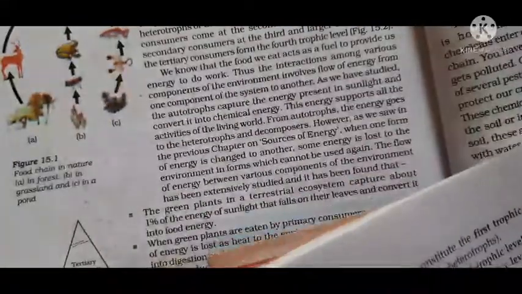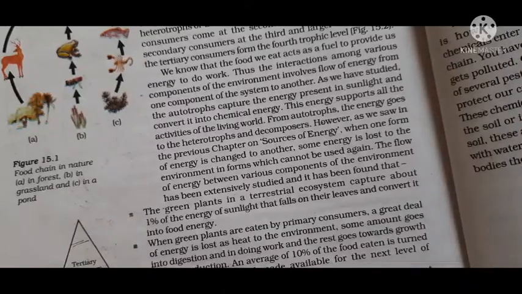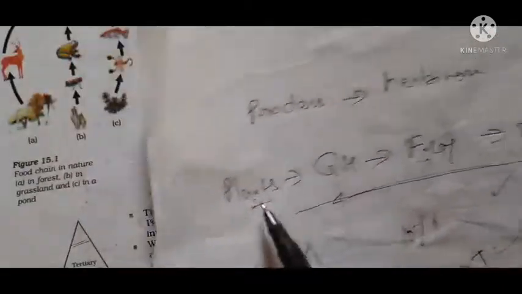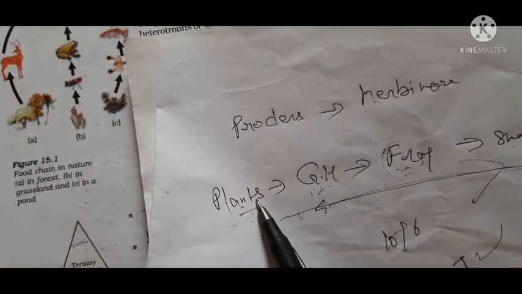Now, you all know what a food chain is. What is a food web? The interrelated food chains are called a food web. Now students, in a food web, you know that the herbivores eat plants. I gave you the example of a plant here. Now this plant is eaten by a grasshopper, but it is not only the grasshopper which eats the plant.